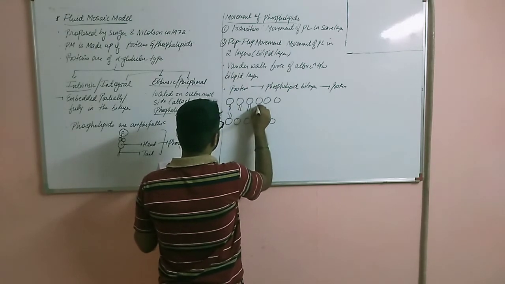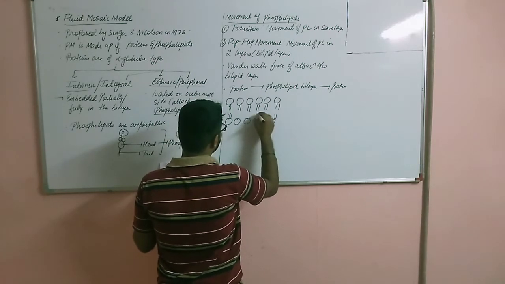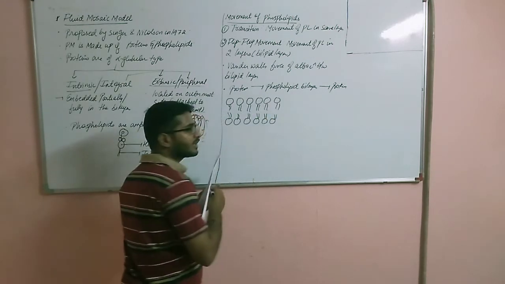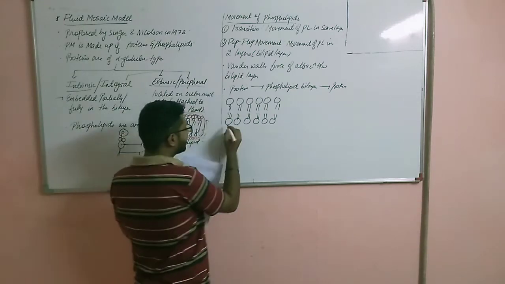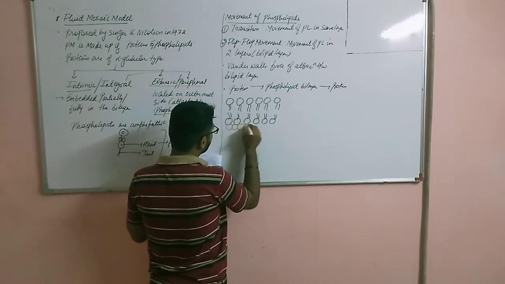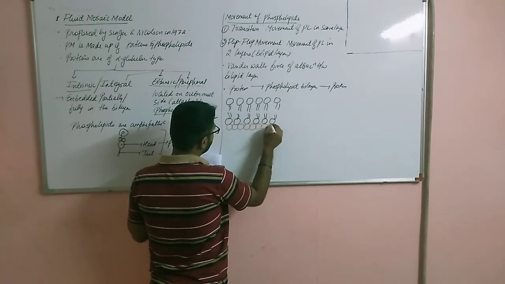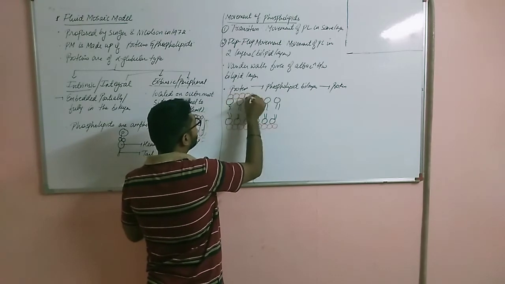Tails are facing towards each other. All these are tails. Proteins are of two types, that is intrinsic as well as extrinsic. Extrinsic proteins are basically the alpha globular type proteins only, which are more in number. So on both the sides these proteins are located.